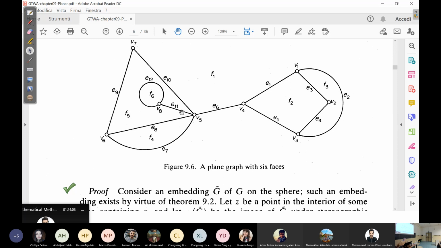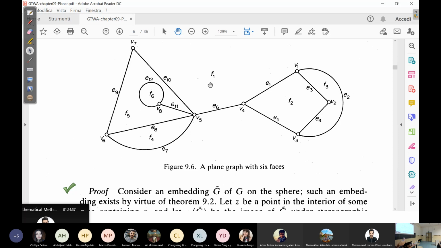So whenever I have a cut edge, this is gone through twice, once in a sense, the other time in the other direction, okay? Look, from V6 to V7, from V7 to V5, from V5 to V8, then E12. Now from V8 to V5, and then from V5 to V6, okay?